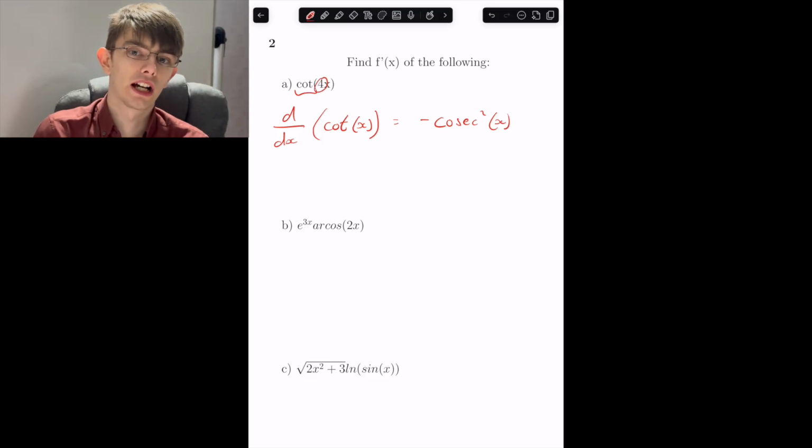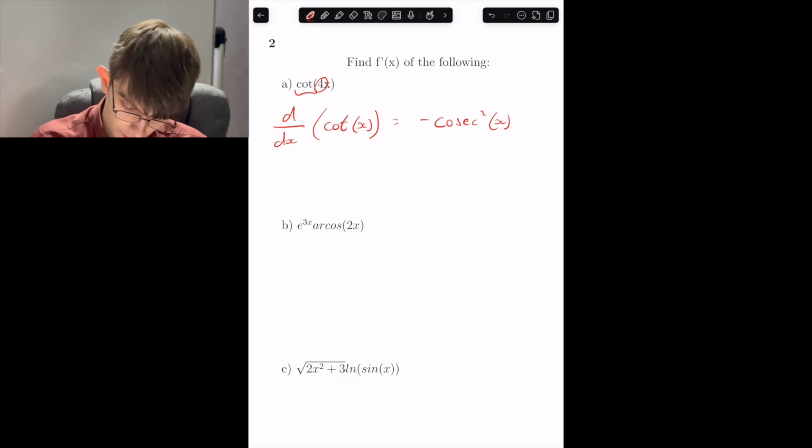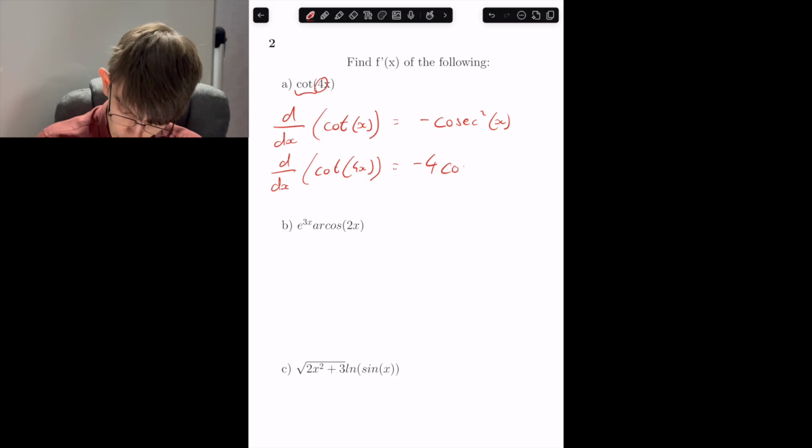And hopefully by now we know with the chain rule, or just with trig functions in general, if I'm differentiating and I've got a 4 in here, well, that 4 is going to want to be brought outside. And we end up with the derivative of cot of 4x being minus 4 cosec squared of 4x.